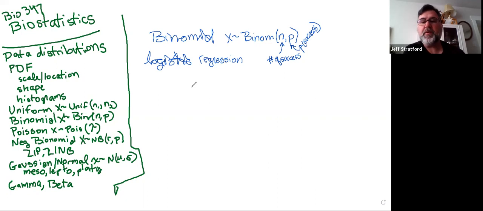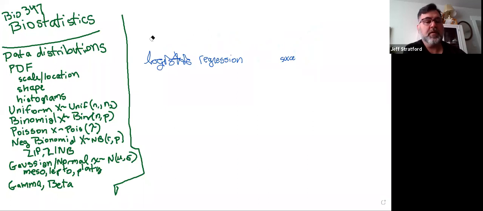And that shape will depend on these two parameters. All right, so that one's straightforward.